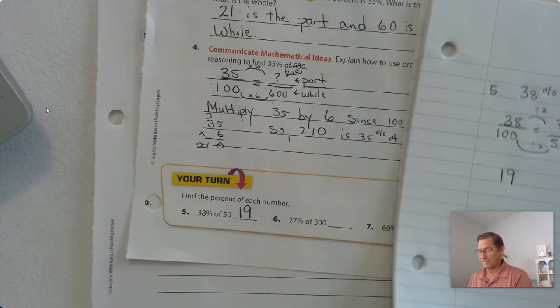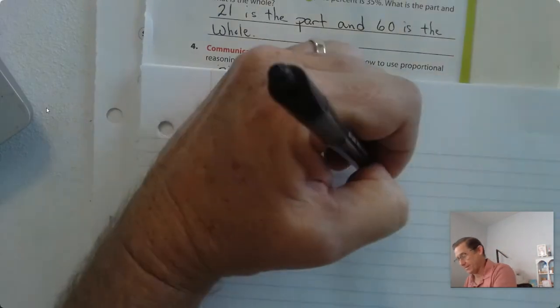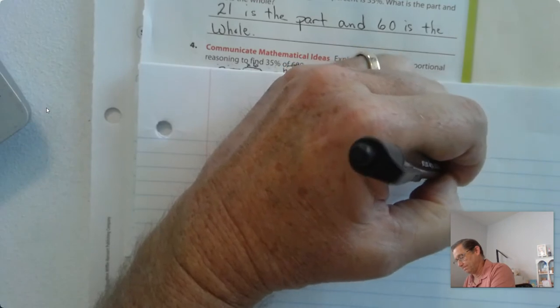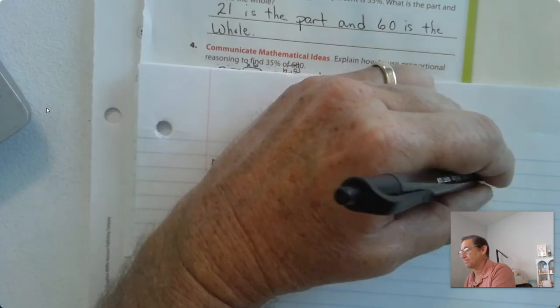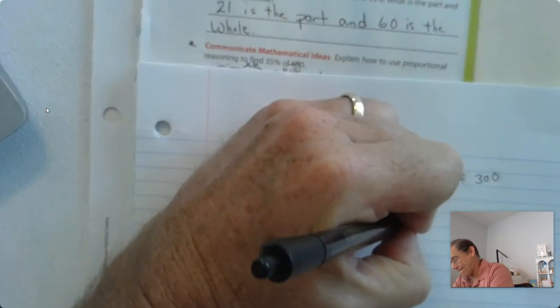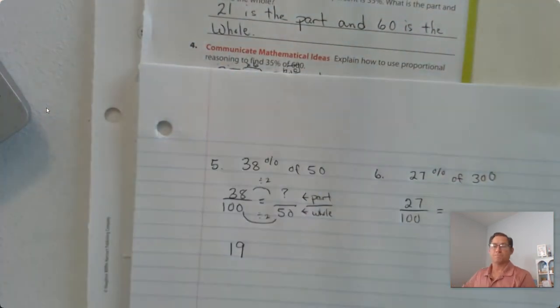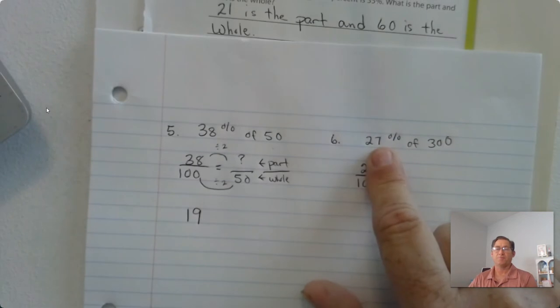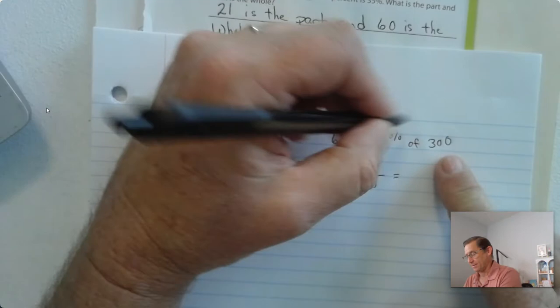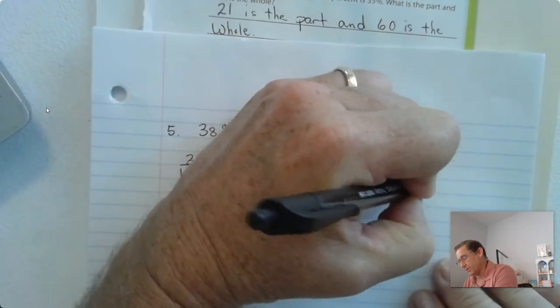Number 6, 27% of 300. So we're going to start with the percent part. The part is 27. The whole is 100 of the number. So of 300 is the whole.